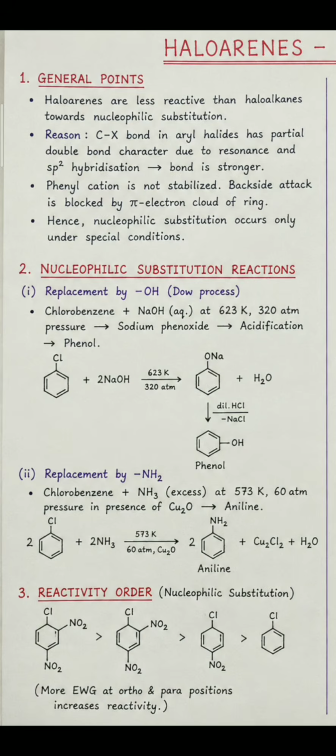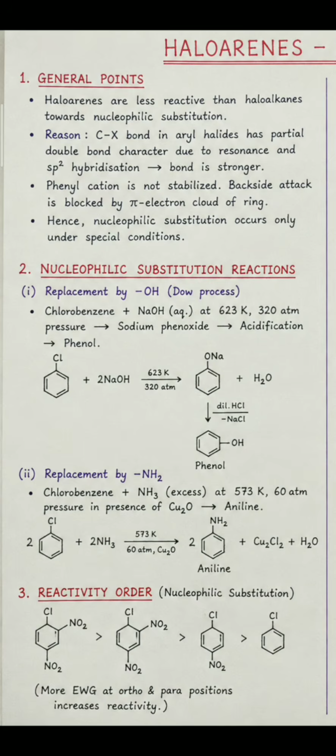Next one is reactivity order. It is a nucleophilic substitution reaction. We have to check the reactivity order. The first one is more reactive than the third one and the fourth one, because an electron withdrawing group at ortho and para position increases the reactivity.